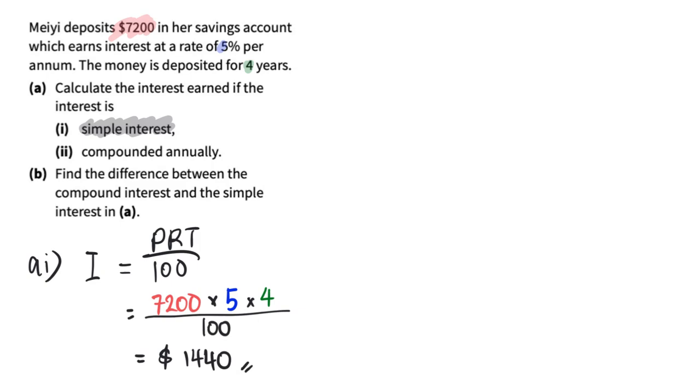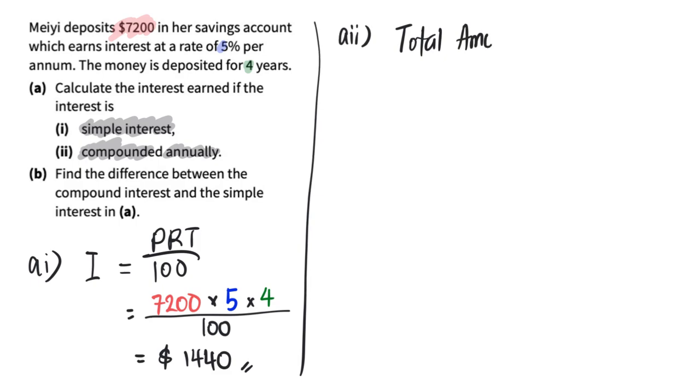A part 2, compounded annually, means every year. For A part 2, it's also pretty straightforward. We are going to just apply the formula to get the total amount first. This will be equal to 7,200 times 1 plus 5 over 100, compounded 4 times.